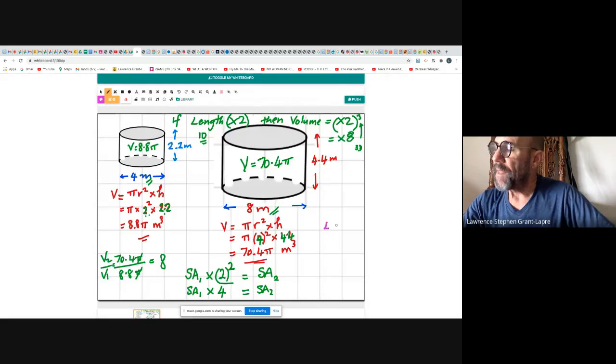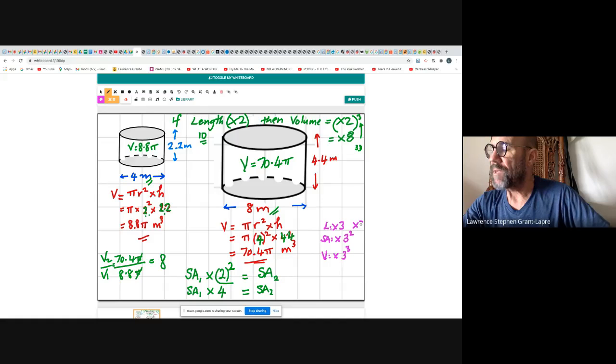If your length triples, then your surface area will be 9 times bigger, and your volume will be 27 times bigger.